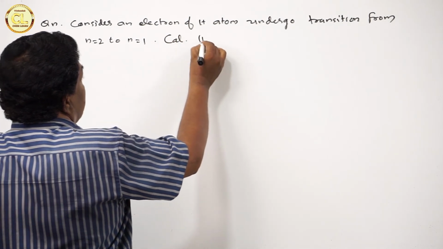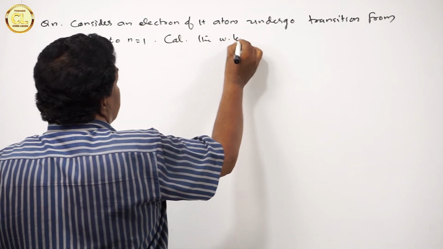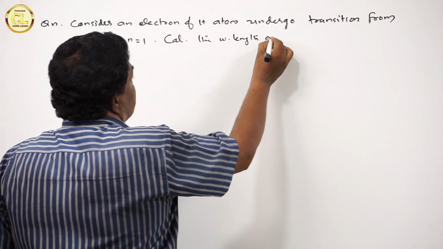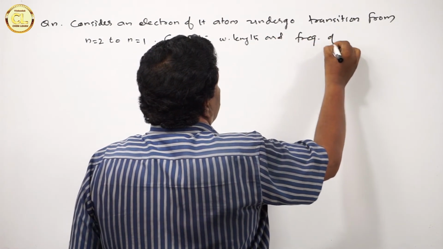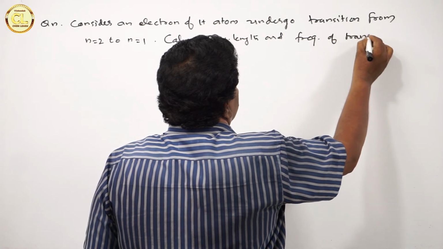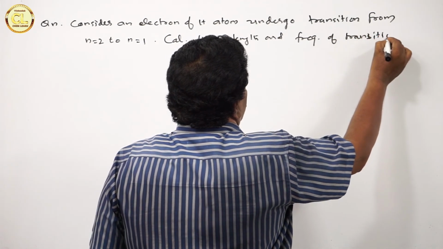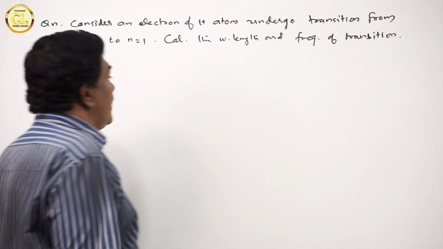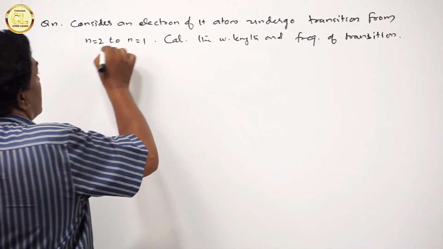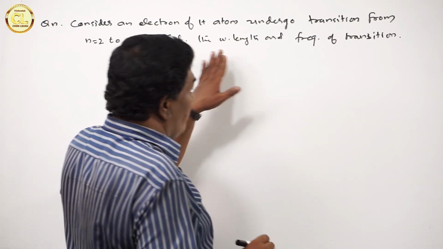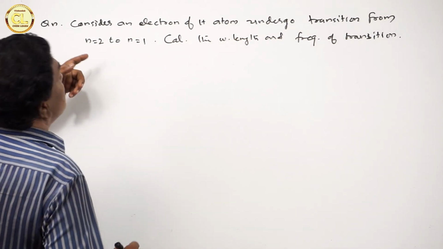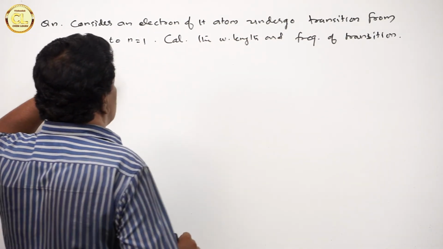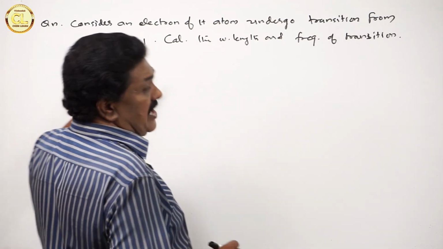Calculate the wavelengths and frequency of transition. See, we are asked to calculate the wavelength and frequency corresponding to transition from n is equal to 2 to n is equal to 1.